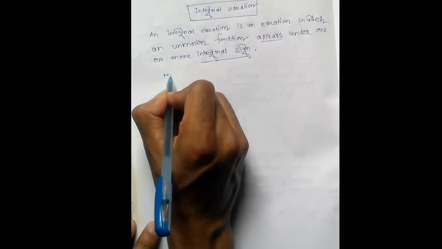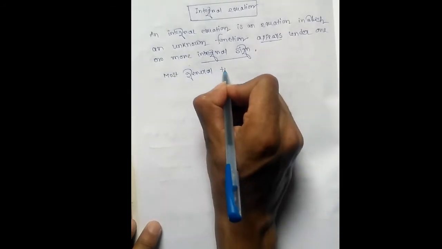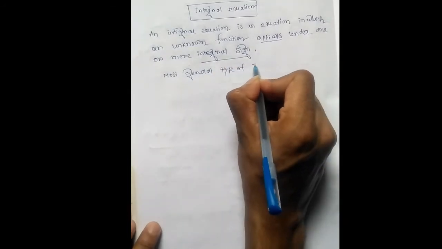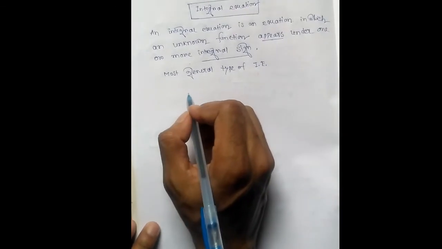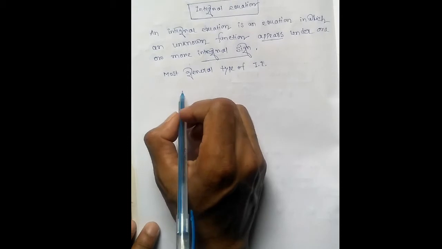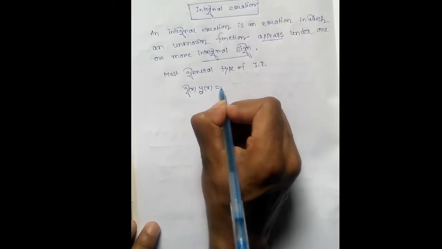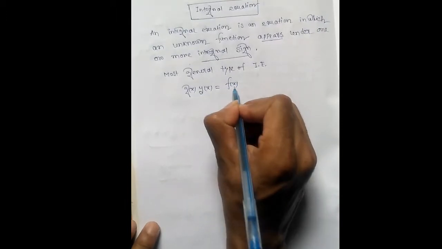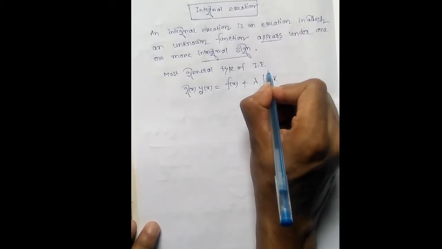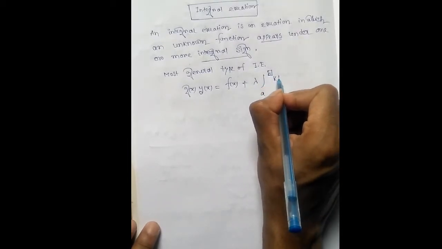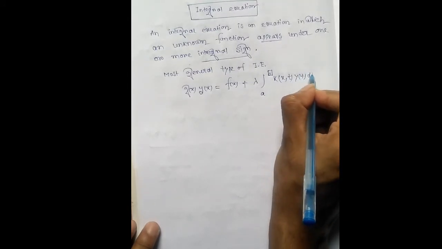Now the most general type of integral equation is of the form g(x) y(x) equal to f(x) plus lambda integration over a to b, K(x,t) y(t) dt.